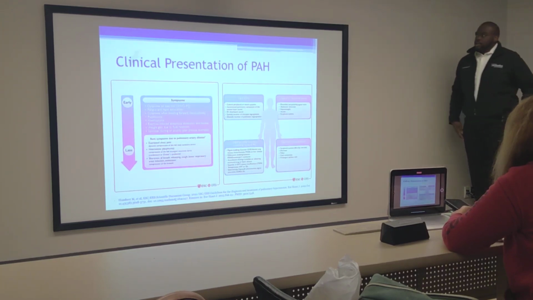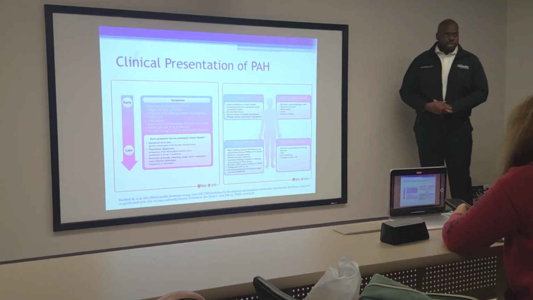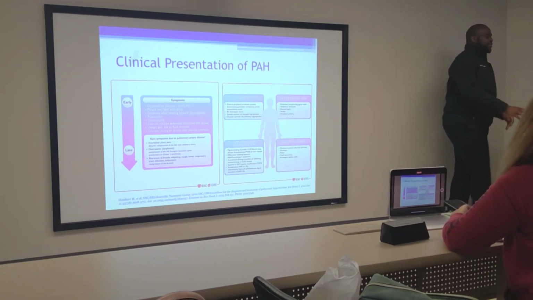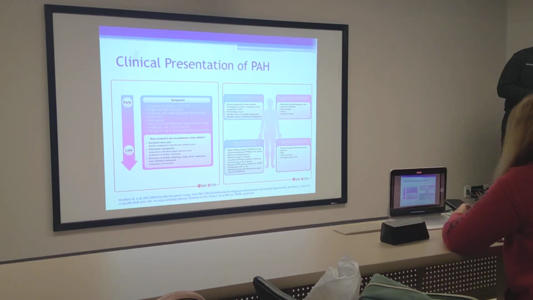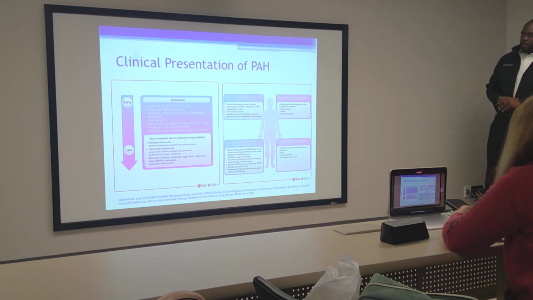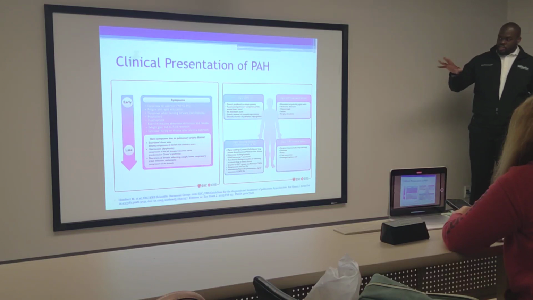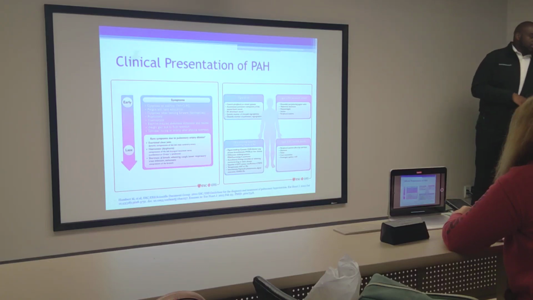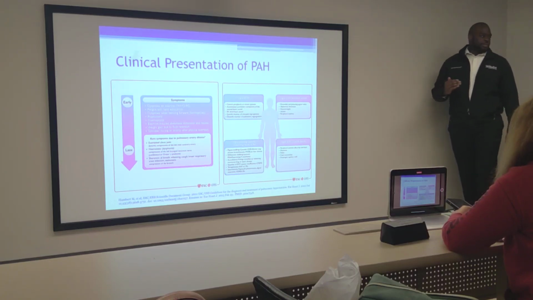Alright, now for clinical presentation of PAH. On the left figure right here, this talks about the symptoms, whereas the right talks about the signs. This is a little bit broad, but I'll tell you what's actually referred to for PAH at this point. On the left figure, it goes from your early to late symptoms.